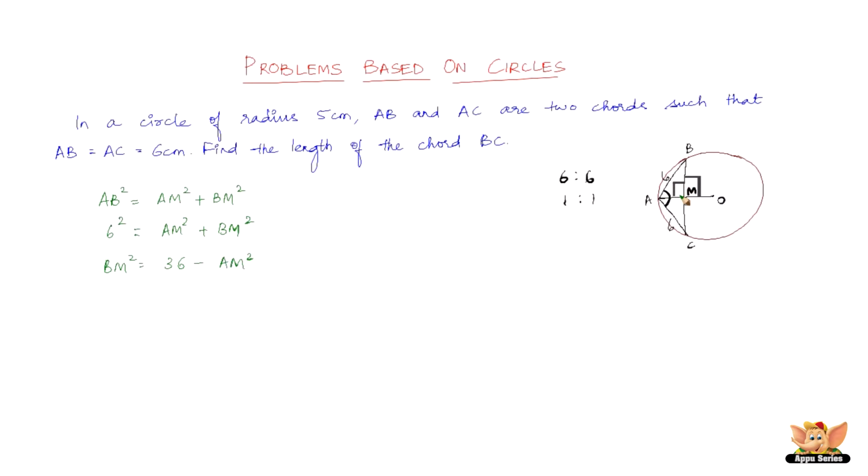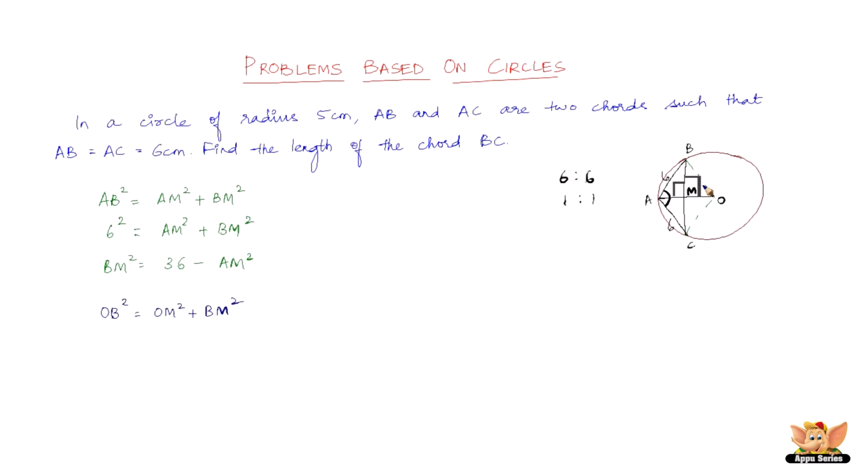Now, considering the right triangle OBM, let us join this. There's a small construction here. Let's consider the triangle OBM. There we have OB square equals OM square plus BM square.